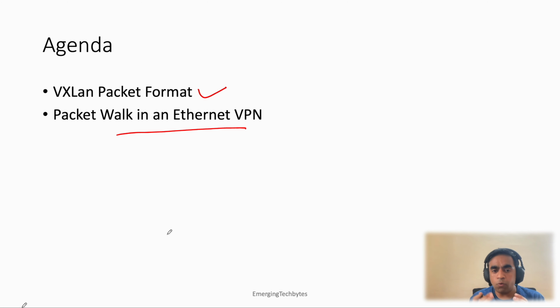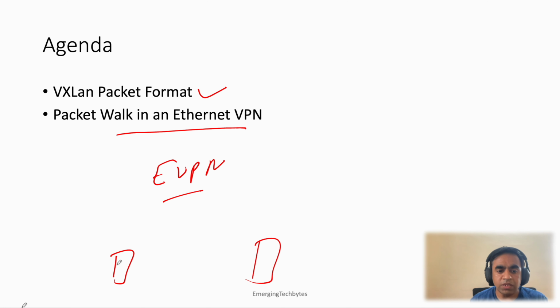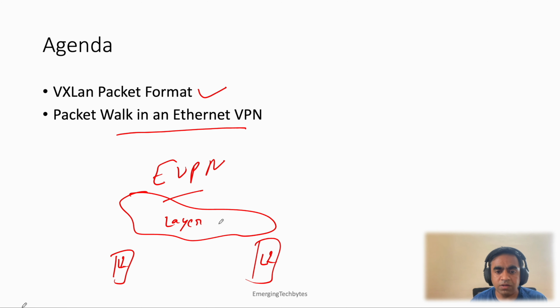So the sole purpose of EVPN, why we are even discussing it, is to connect some disjoint L2 networks. Let's say you have an L2 network here, you have an L2 network here, and somewhere you have this layer 3 network, and you want these two networks to talk to each other.